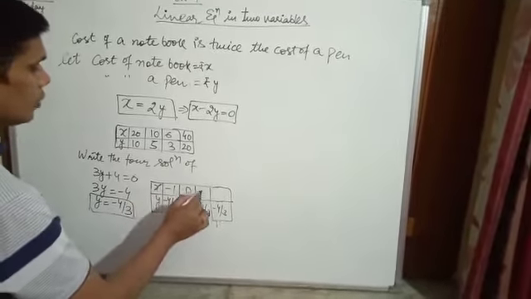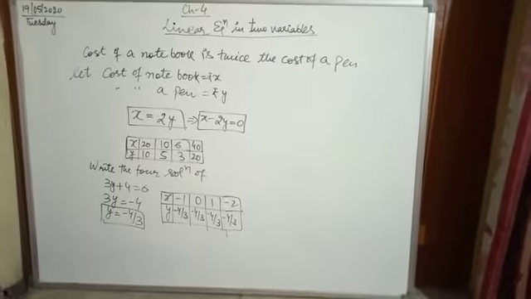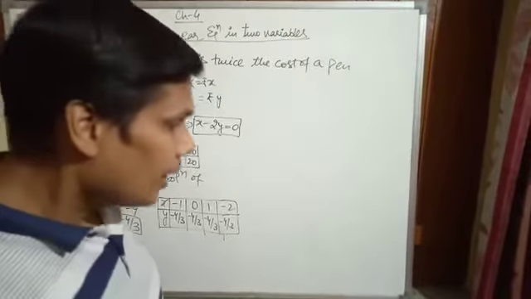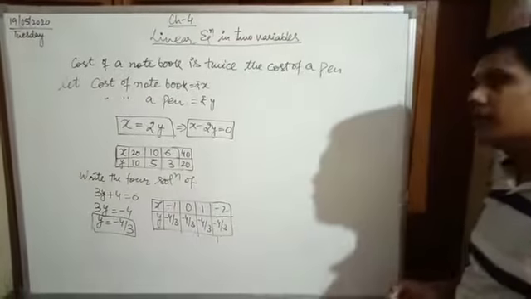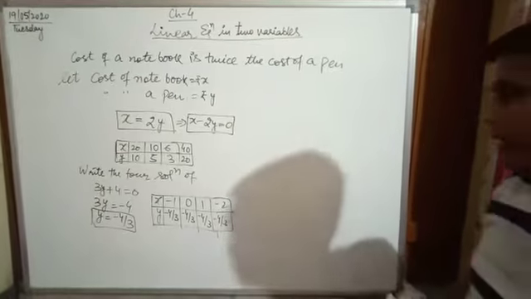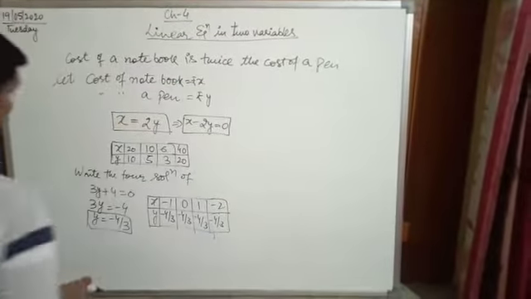Suppose minus 1, 0, 1 and minus 2. These are the 4 solutions of the single variable equation in which y is constant everywhere and x will change. You can write any value of x, but y is fixed, y equal to minus 4 by 3.